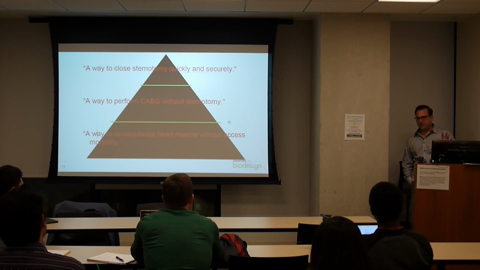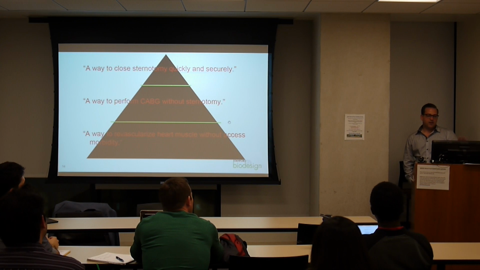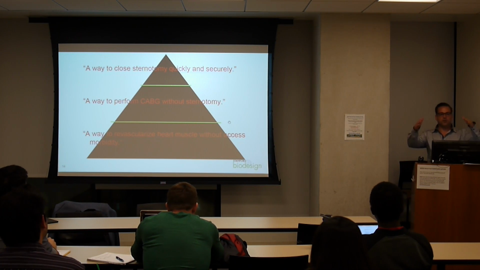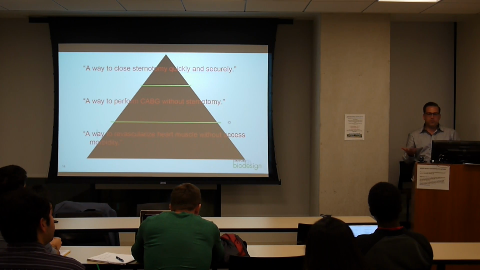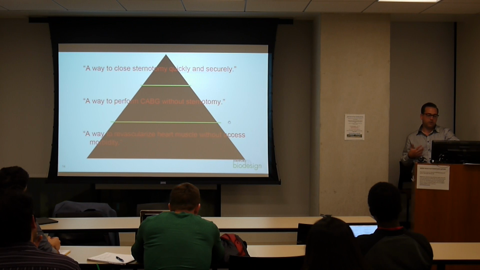Anyways, the point of this exercise is not so much to harp on the need statement. It's to show, okay, let's go a little broader. Let's go from just the sternotomy, which is this incision. What's the point of the sternotomy in the first place? So it says a way to perform a CABG, a coronary artery bypass graft, without the sternotomy.